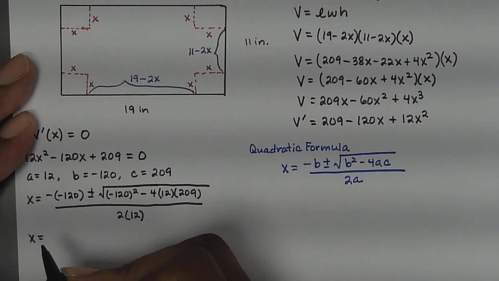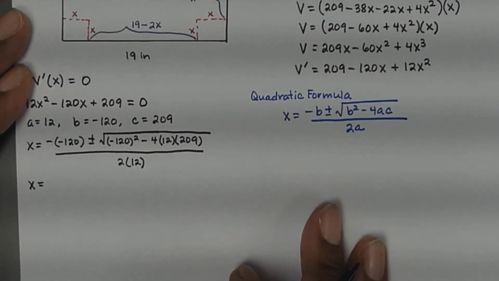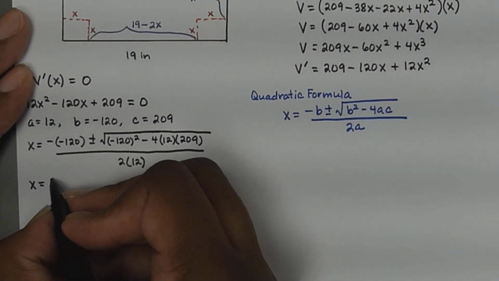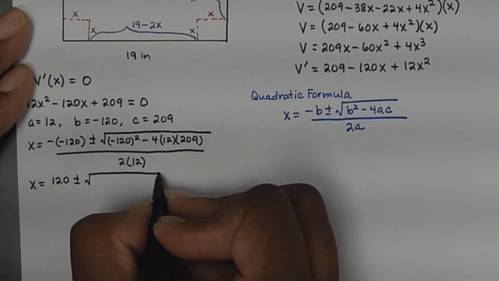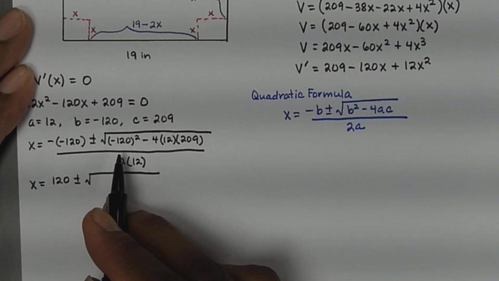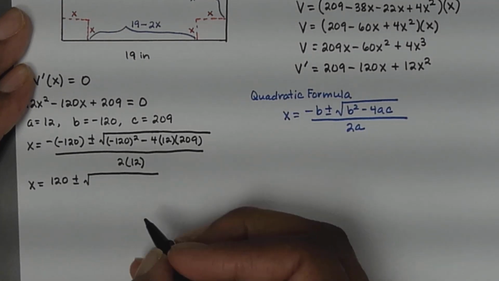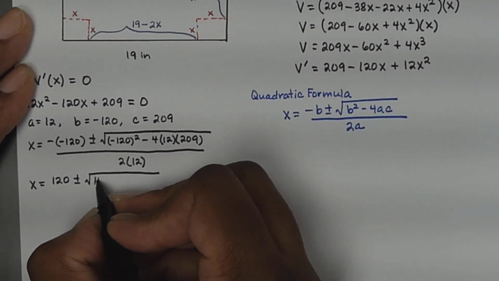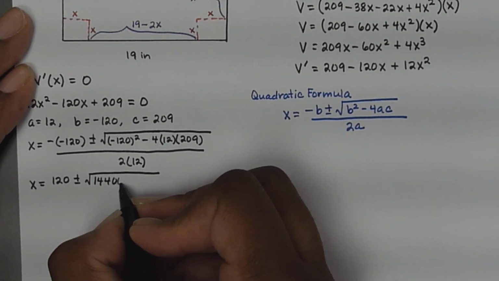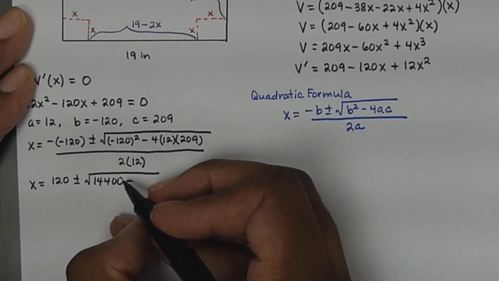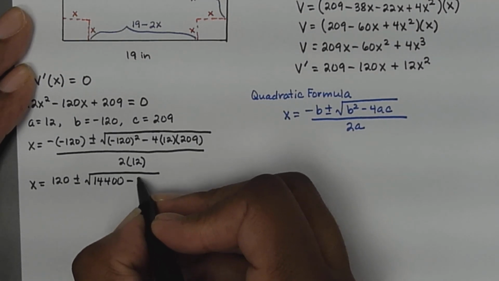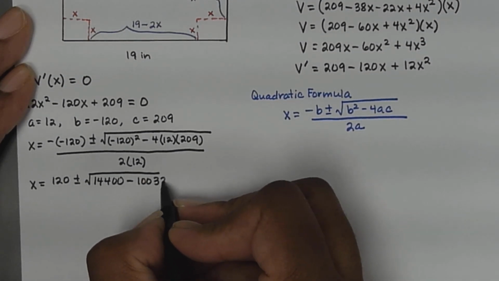Now we have x equals negative of negative 120, which is a positive 120, plus or minus the square root of, if I square that negative 120, that's negative 120 times negative 120, that's going to be 14,400. 4 times 12 will be 48, times 209 would be 10,032.